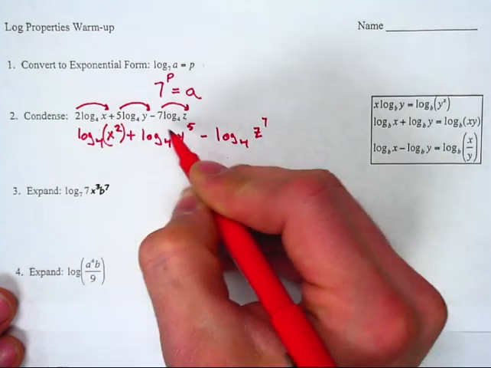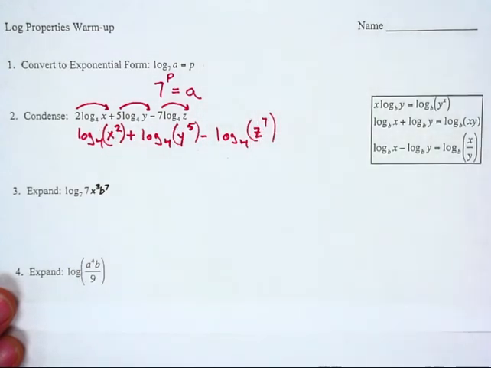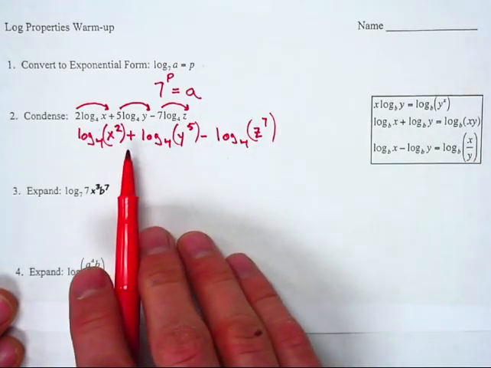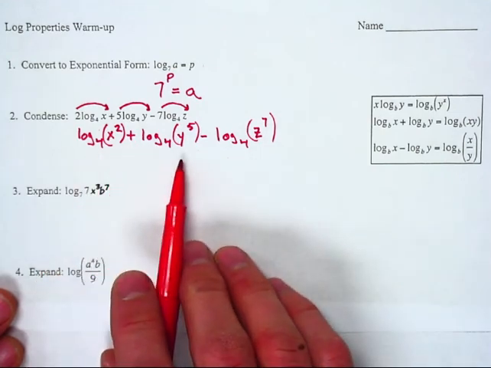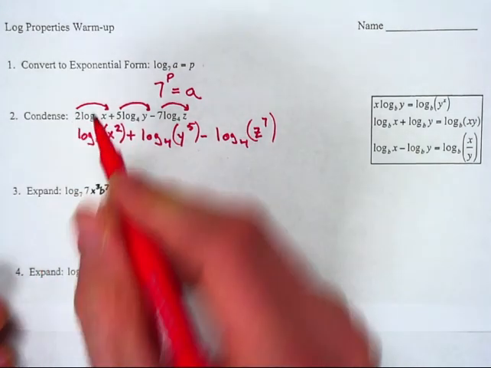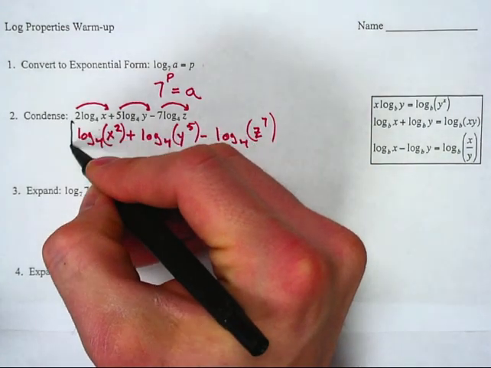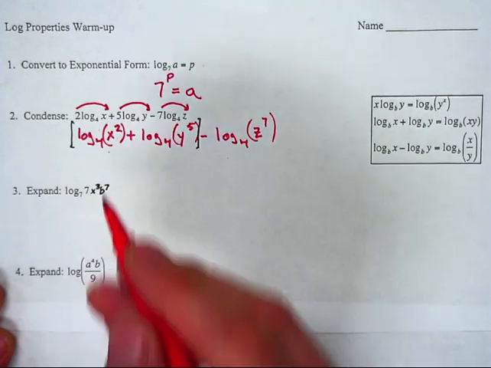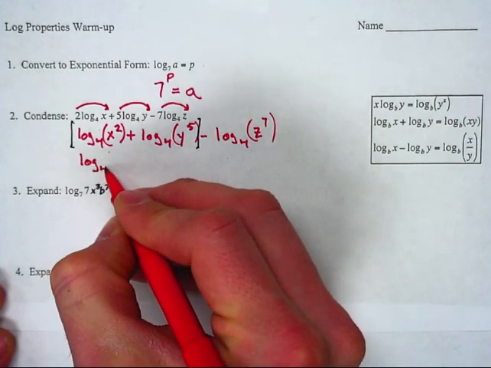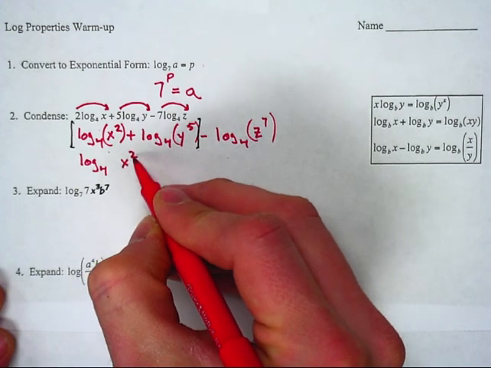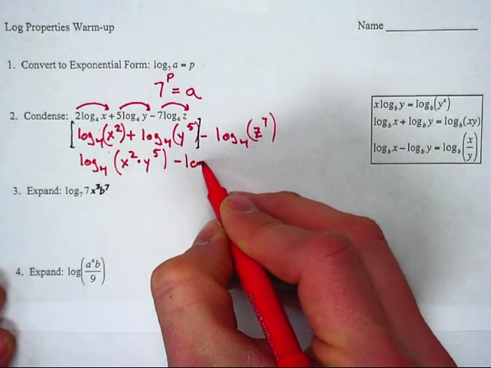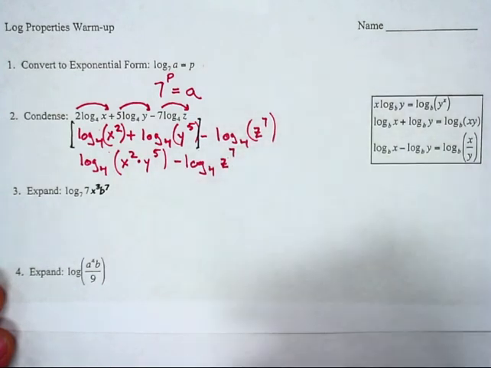Right, so those are all the insides of your logarithms, which is how we're going to apply these then. Now addition and subtraction by order of operations can be done left to right, so that's how we're going to apply these properties as well. We'll start with just the left side, so we'll think of this as a separate part here, and then we're going to add those together using our addition property. So remember, it's the insides that get multiplied, so this turns into log base 4 of x squared times y to the 5th, and you're still subtracting log base 4 of z to the 7th.